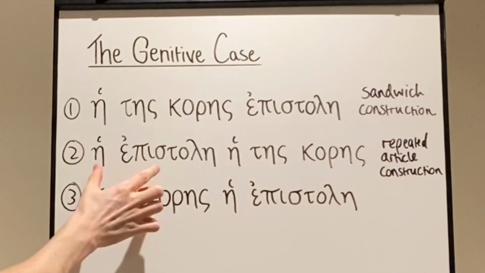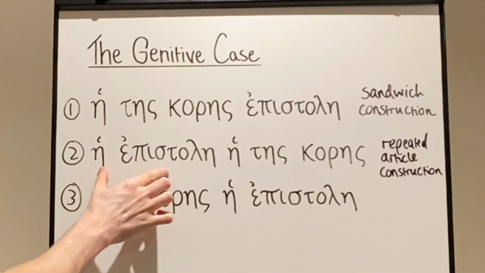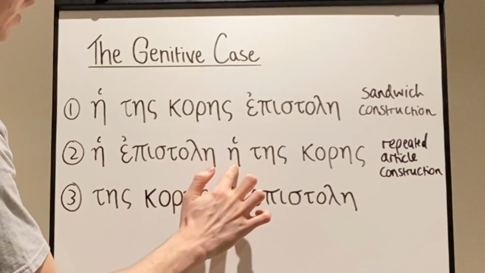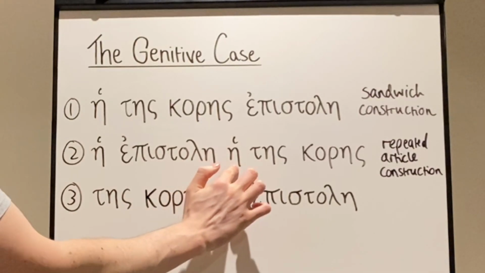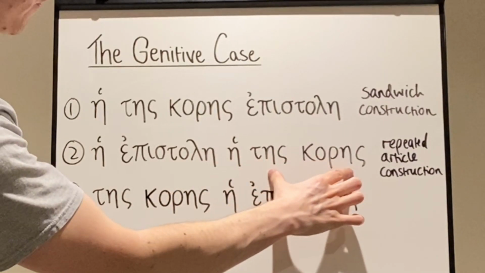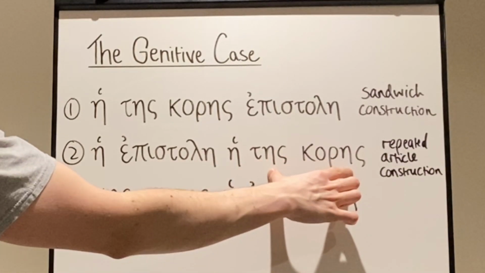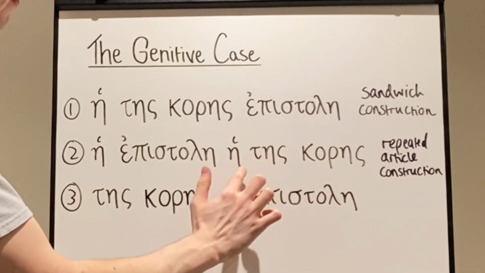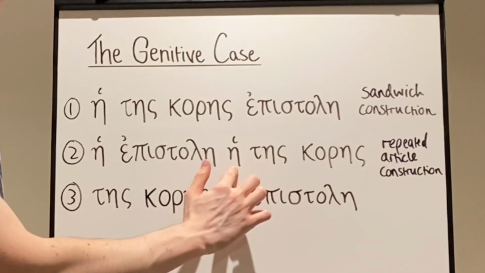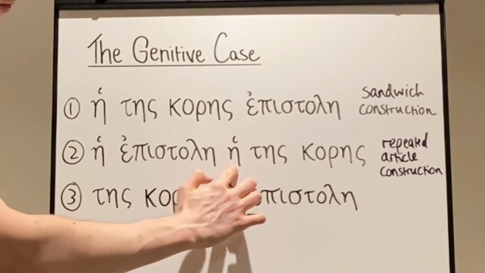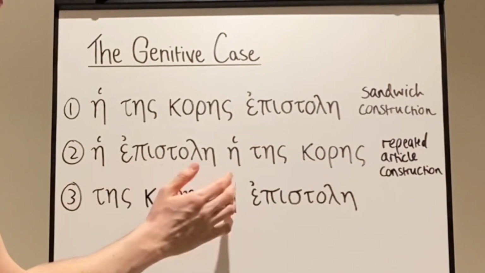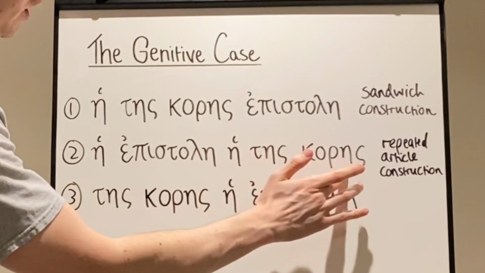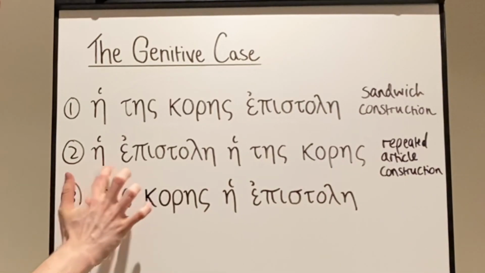Because here we have the phrase the letter in the nominative, and then we've got the feminine nominative singular definite article repeated, and the genitive phrase following that repeated definite article, because what this repeated article is doing is giving us some additional detail, and in this case the additional detail is that the letter is the one of the girl. Literally, it's the letter, the one of the girl.